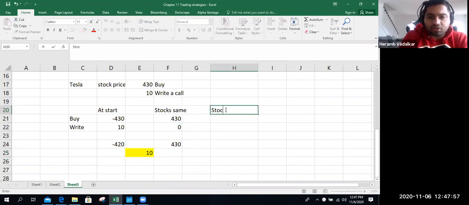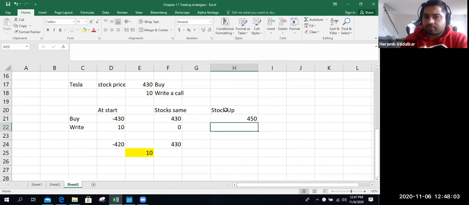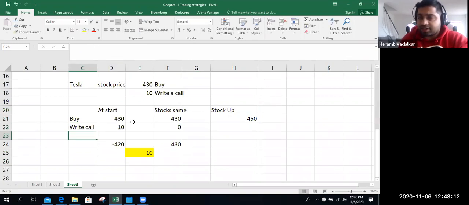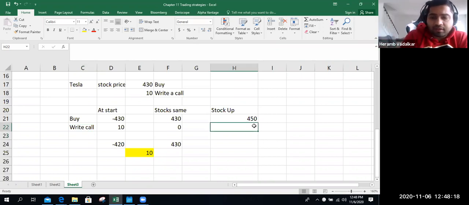Now, if stock goes up, let's say stock goes to 450, okay, the writer of call has to pay money when stock goes up. So how much does he have to pay?